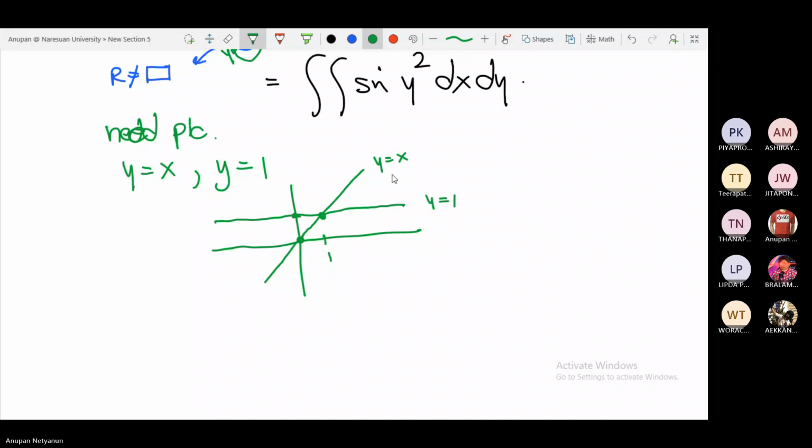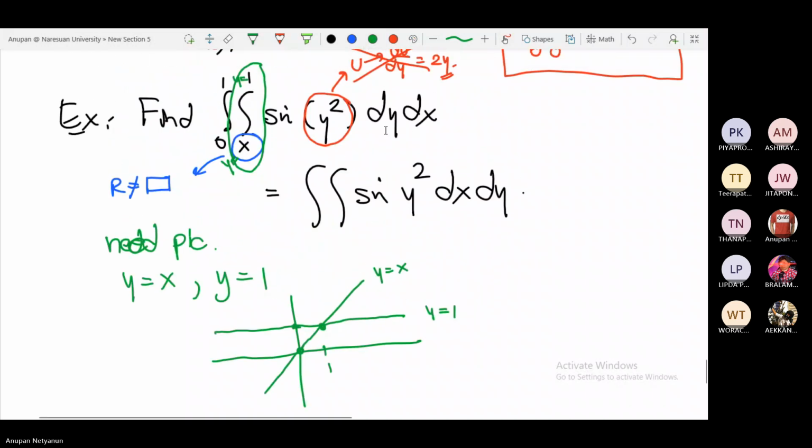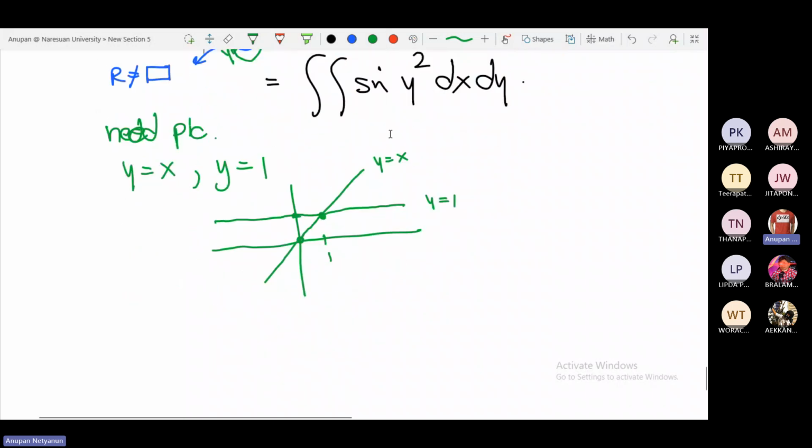Now, this gives you what is going to be your region. Your x starts from 0 and goes all the way to 1, right? So that means this is going to be your region. See, x starts from 0 all the way up to 1.